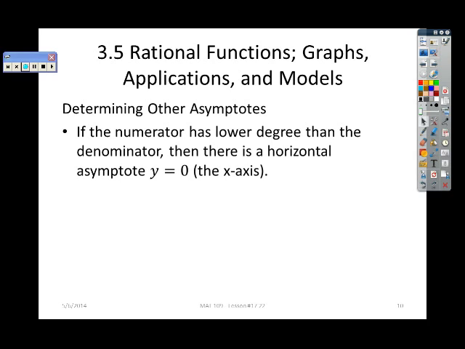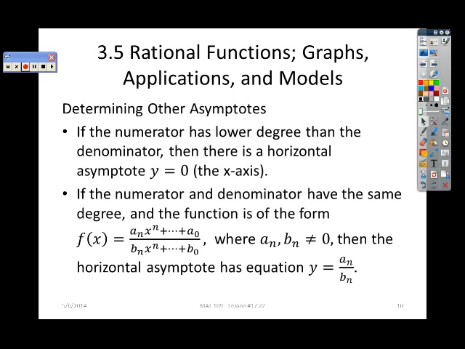So denominator larger, asymptote at y equals 0. And all you're checking is the exponents. So if the denominator has a larger exponent than the numerator, then y equals 0 is a horizontal asymptote.